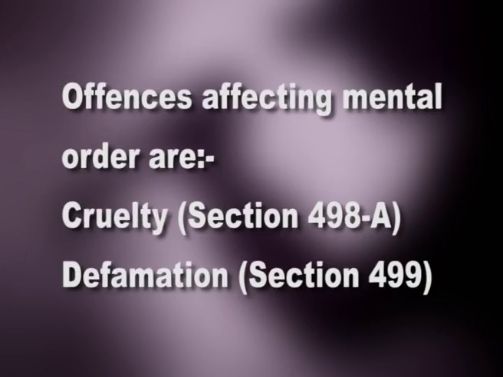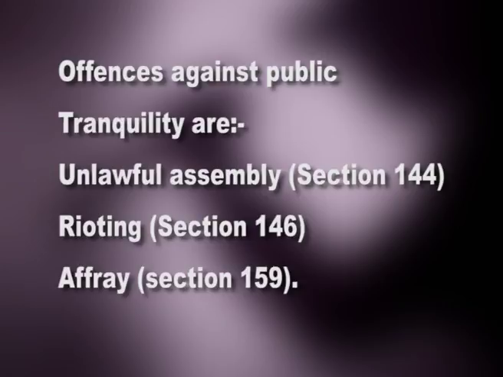Offences affecting mental order are cruelty, that is section 498A of IPC, defamation, section 499 of IPC. Offences against public tranquility are unlawful assembly, that is section 144, rioting, section 146, affray, section 159 of IPC.